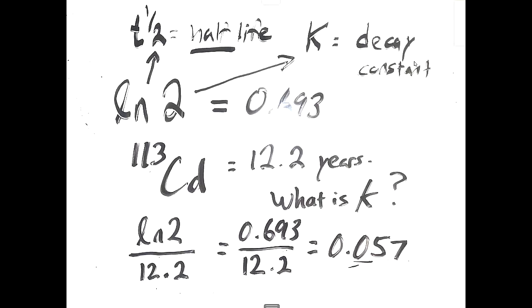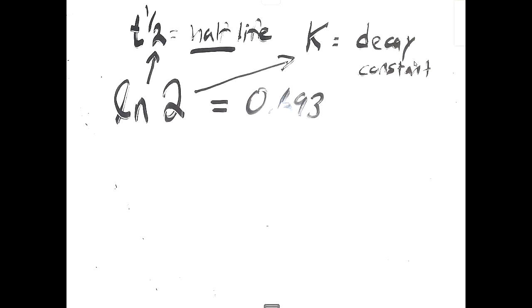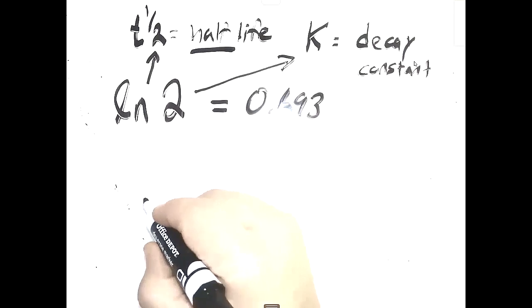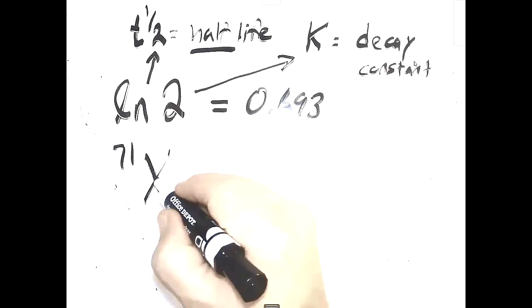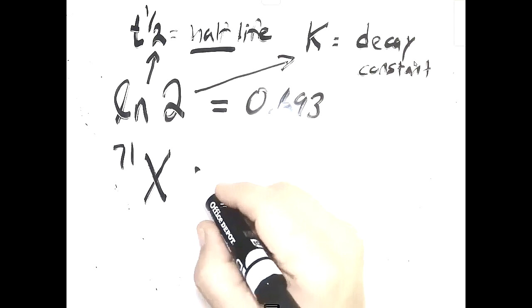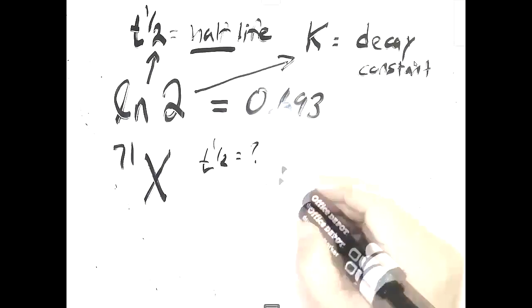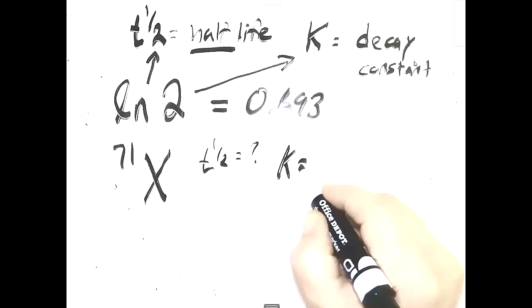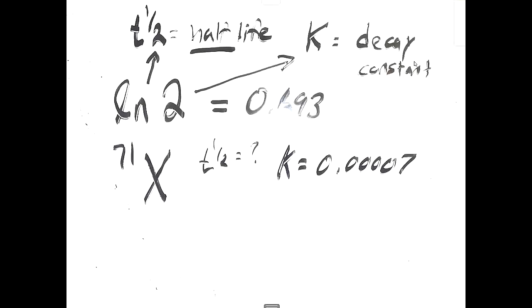All right? Let's imagine, we can reverse this. Let's imagine that we have some element, and we'll call it X. And let's say that X has a number of 71. We don't know what element this is, doesn't really matter. But we're going to say that the half-life is unknown, but we've determined the decay constant. We're going to say that the decay constant is 0.00007.